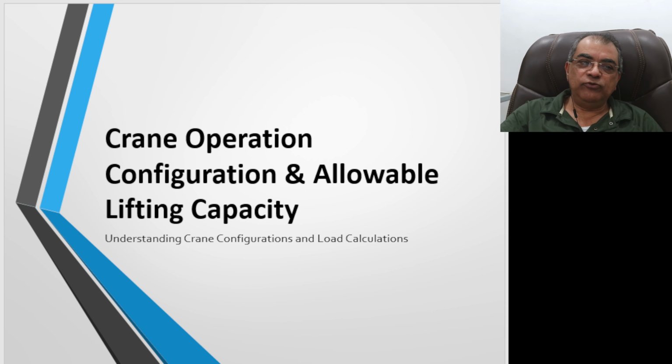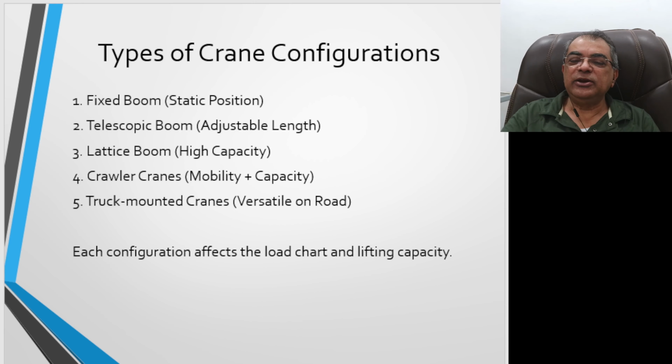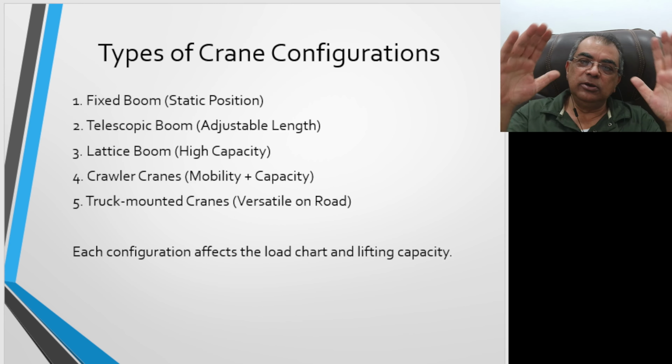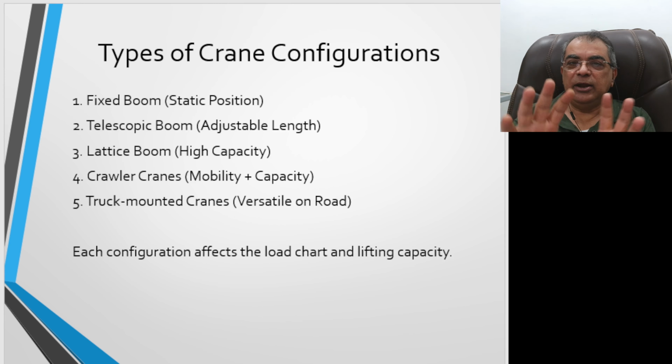Okay. So first, you understand there are different types of crane. Just for your information, these are also a factor. Every crane of a different capacity has a different load chart and a different calculation. There are a few types I have listed here.